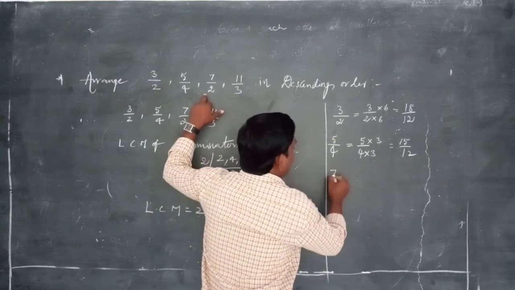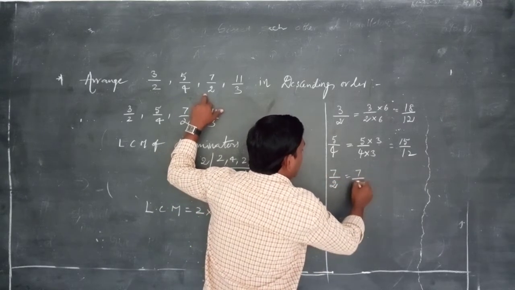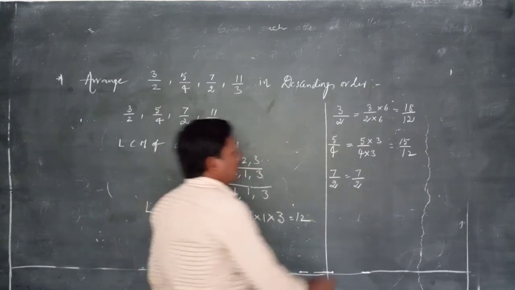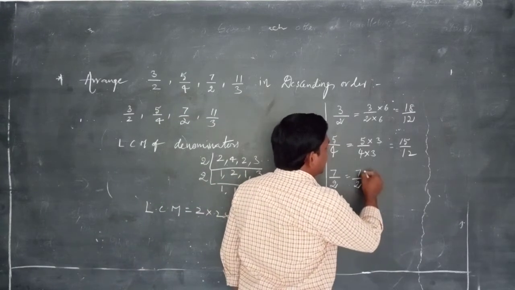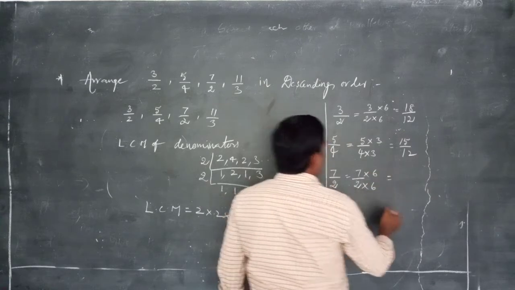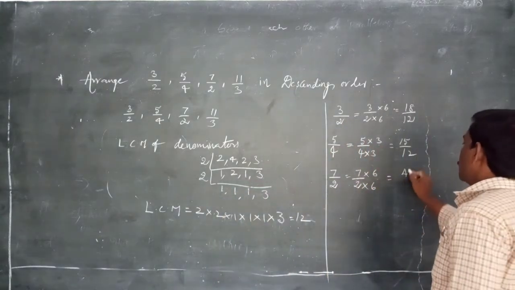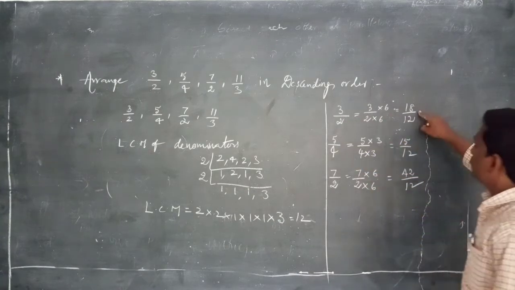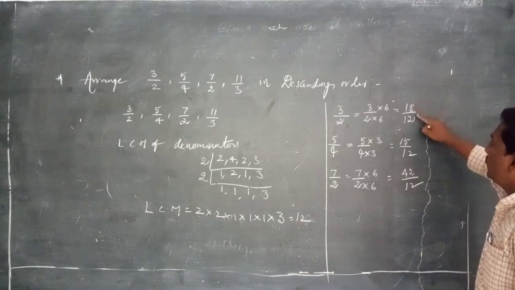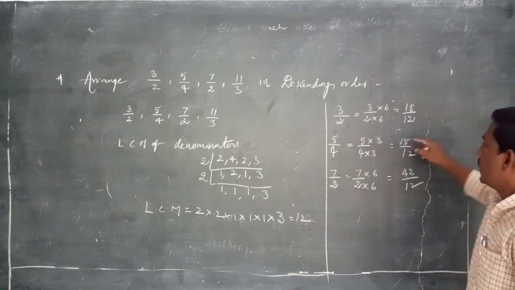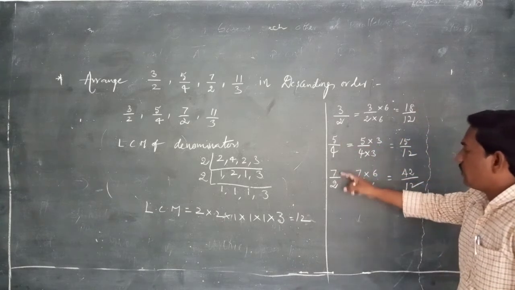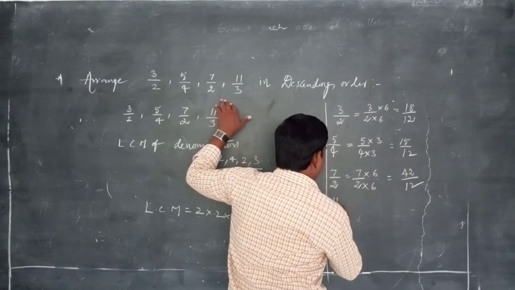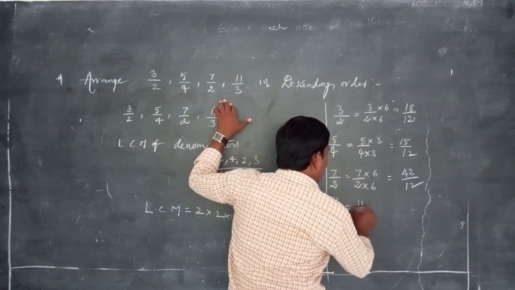Next fraction, 7 by 2. If 2 becomes the LCM 12, the denominator should be multiplied by 6 as well as the numerator. 7 6s are 42 by 2 6s are 12. So 3 by 2 is changed as 18 by 12, 5 by 4 changed as 15 by 12, and 7 by 2 is changed as 42 by 12, and 11 by 3.